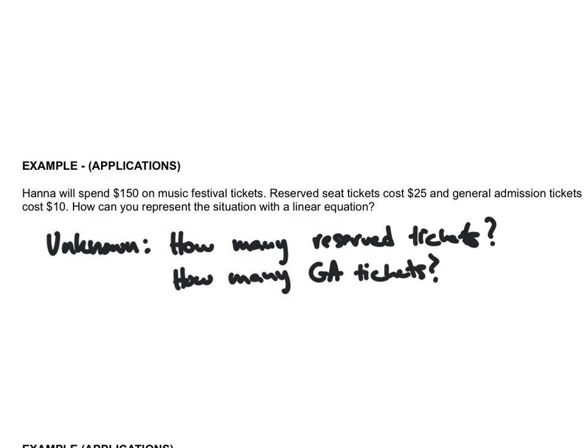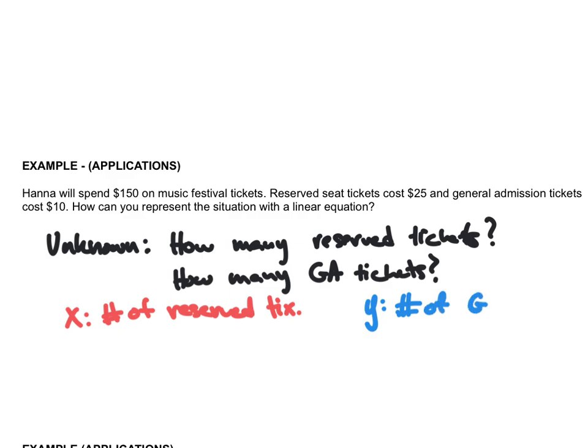So that's what we don't know. And when we don't know those things, that's what helps us create our variables. So I'm going to let X represent the number of reserved tickets. I'm going to let Y represent the number of GA tickets.